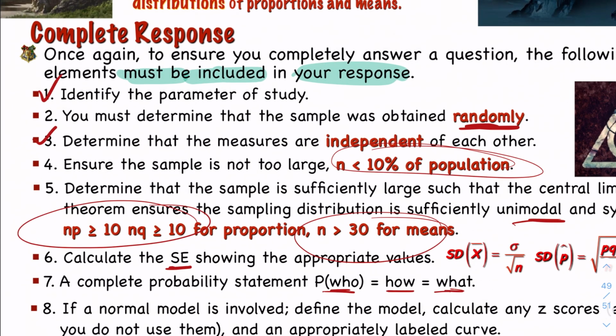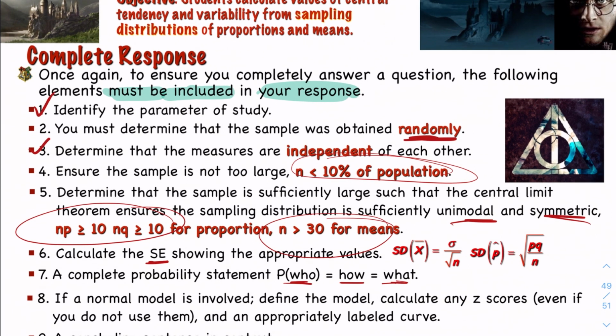If a normal model is involved, you've got to define the normal model. That means N(mu, sigma). Calculate any z-scores. Even if you don't use them, you've got to calculate the z-scores and an appropriately labeled curve. Finally, you need a concluding sentence. After you wrap it all up, don't make the readers do the work. You have to interpret your results.